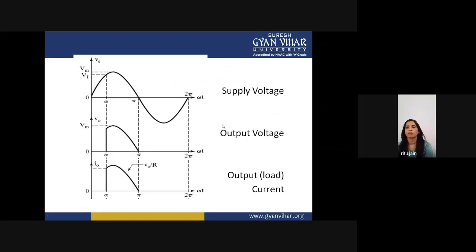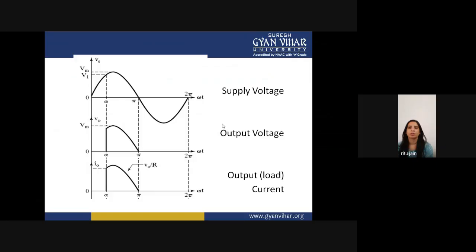Now, this is your supply voltage and you are getting the output voltage. You can see from the waveform that the input voltage is an AC voltage. The positive half cycle is from 0 to π, and Vm is the maximum voltage of the input voltage.